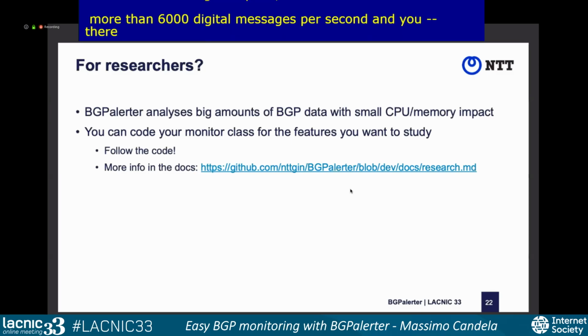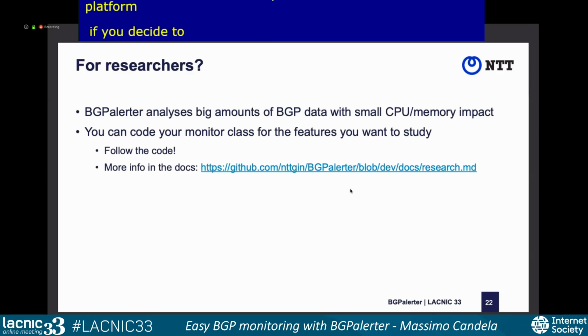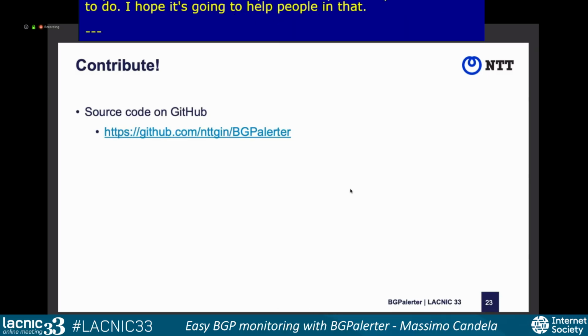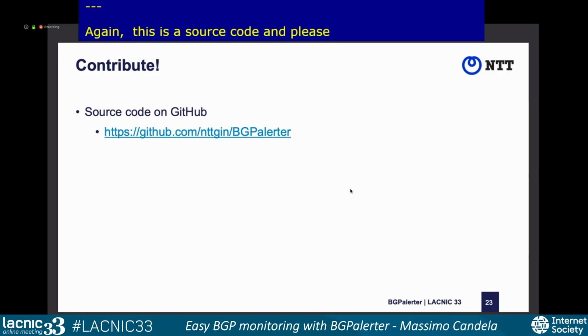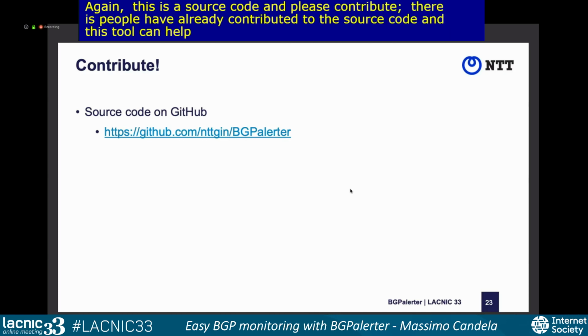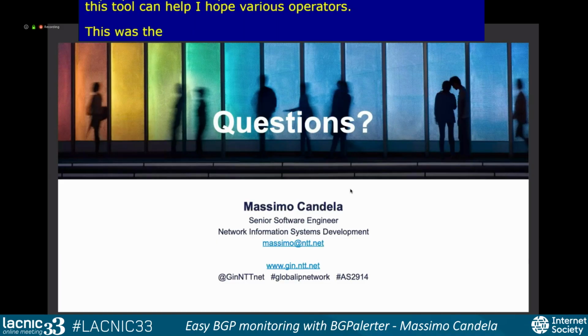You can inherit the entire platform and pipeline if you want to do research, and you just code the specific analysis that you want to do. I hope it's going to help people with that. And again, this is the source code. Please contribute. I'm happy that various people are already contributing to the source code, and I hope this tool can help various operators. So this was the last slide, and if you have questions, that's the moment.